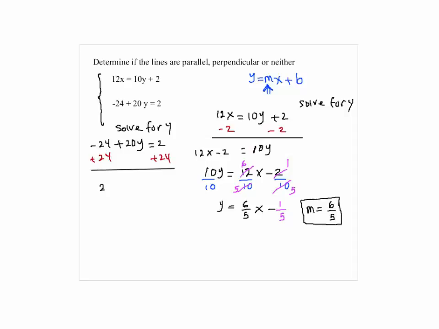So here we have 20y is equal to, on the right hand side we get 26. So if I divide each term by 20, y would be equal to... Am I missing an x here somewhere?